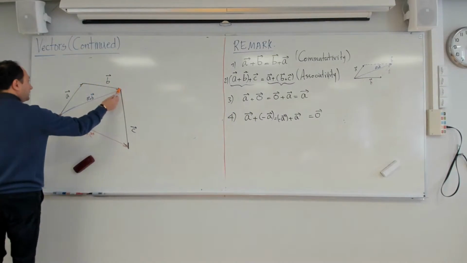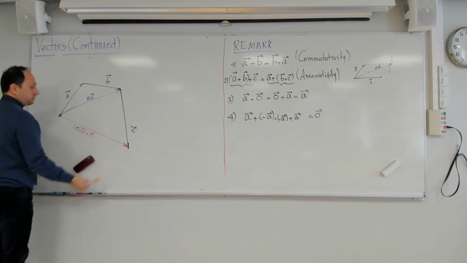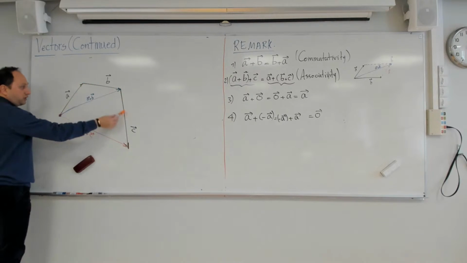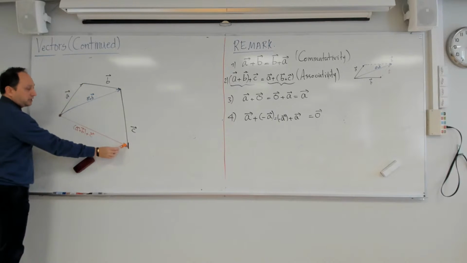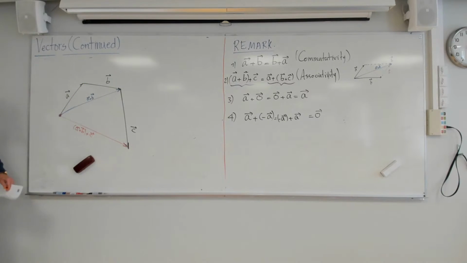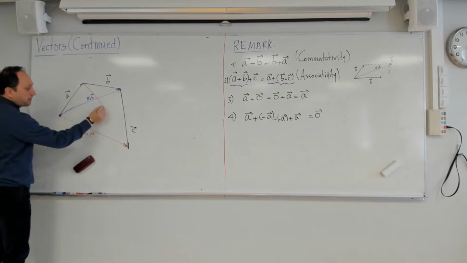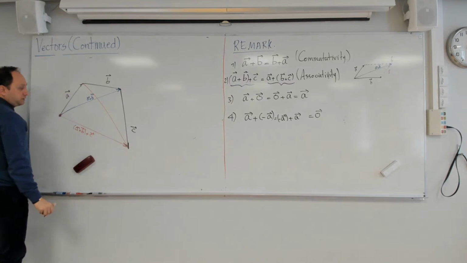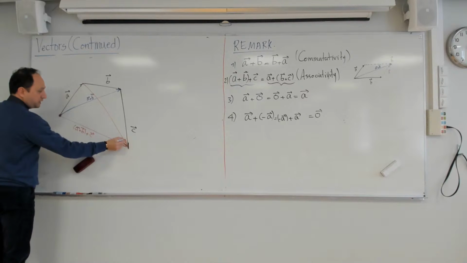B is this vector. C is this vector. They have been drawn in the standard way, yes? So the initial point of B should be connected to the final point of C, yes? So I will connect this. And where should be the tip of the arrow? It should be at the final point.